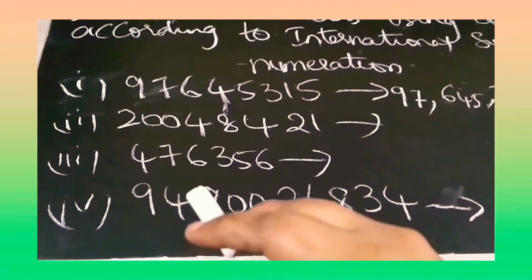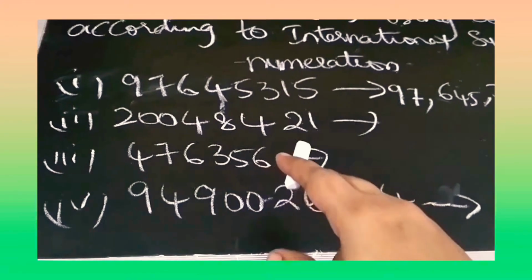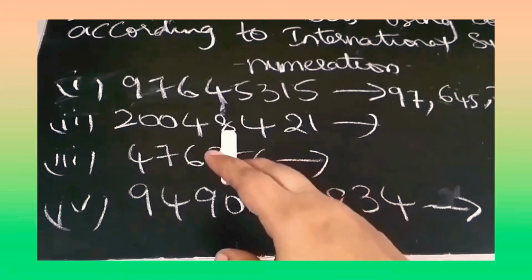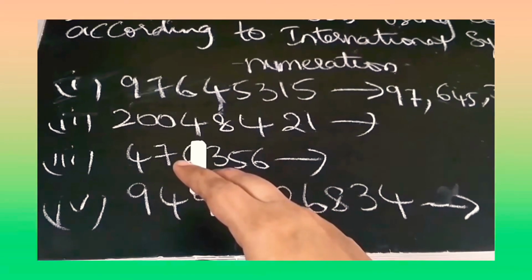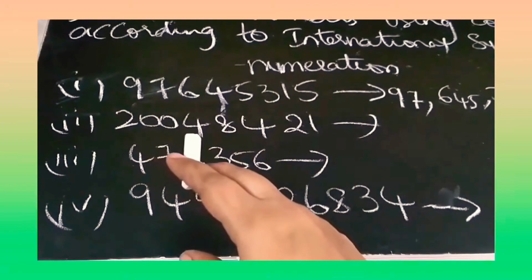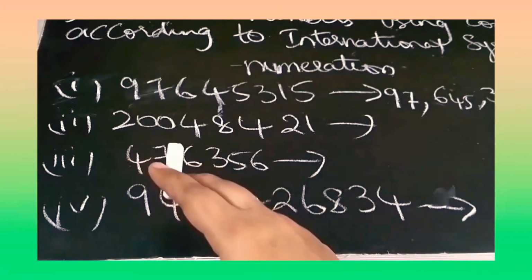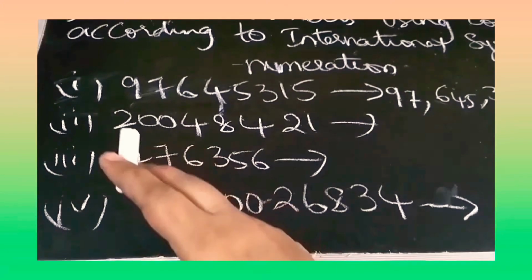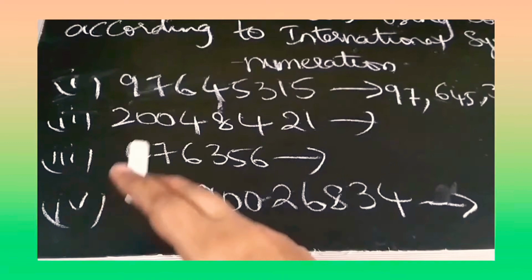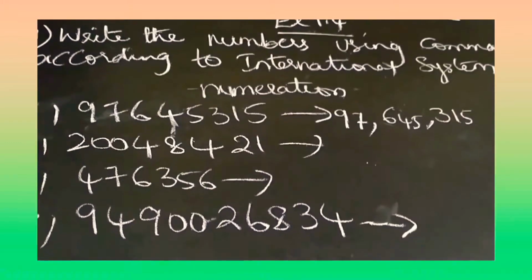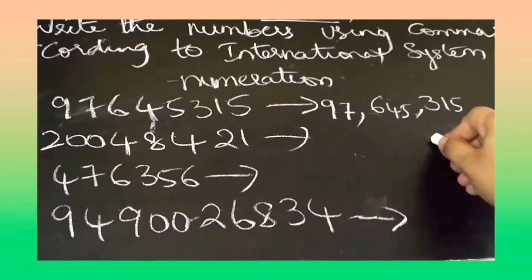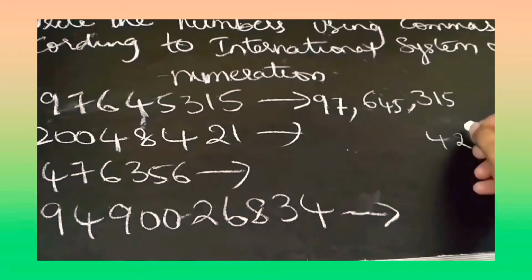Second one is 20048421. Again ones, tens, 100, 1,000, 10,000, then 100,000, million, 10 million. It is 421. First we'll separate this 100.